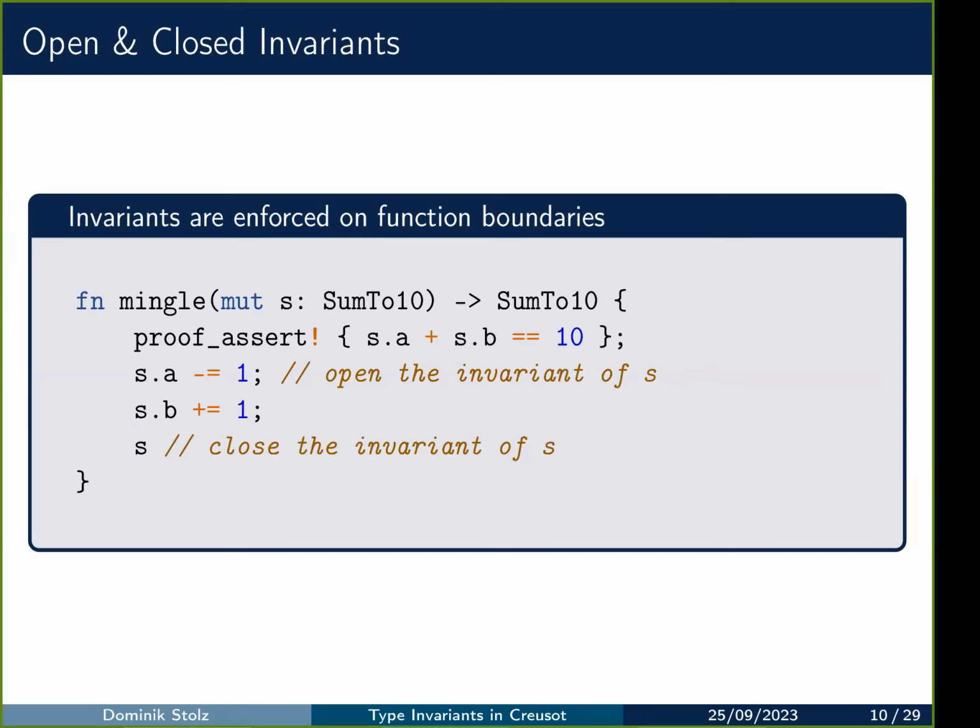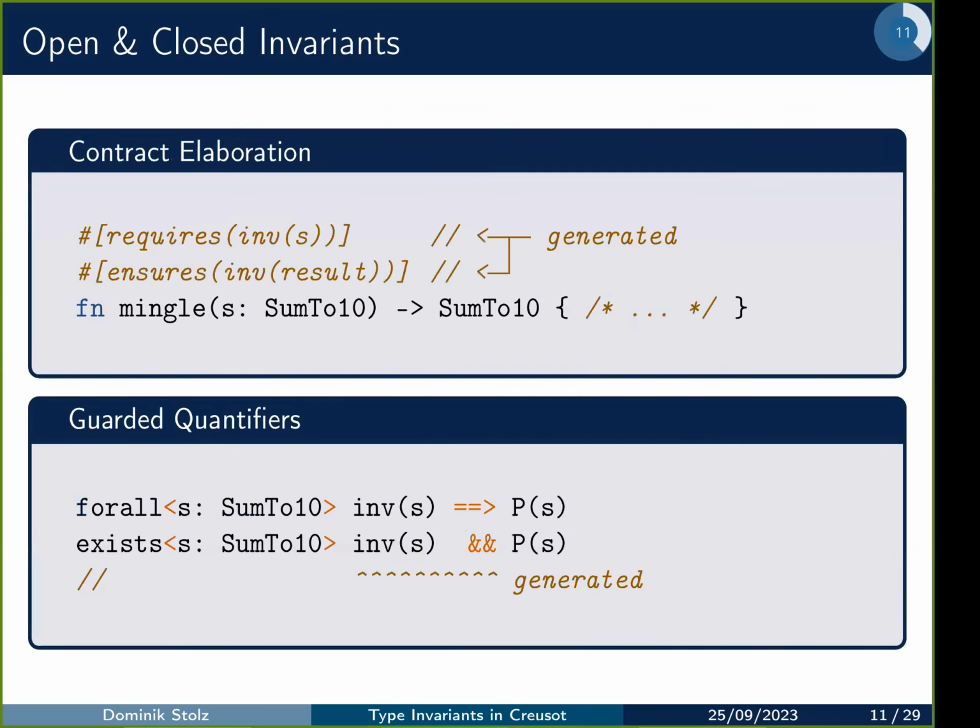All right. So how do we enforce these invariants at function boundaries? We do that by elaborating the contract of a function using the types of the arguments and the return value. So for every argument type with an invariant, we add a precondition, and for a return type with a type invariant, we add a postcondition.